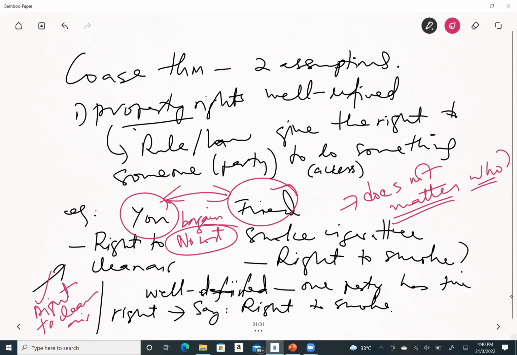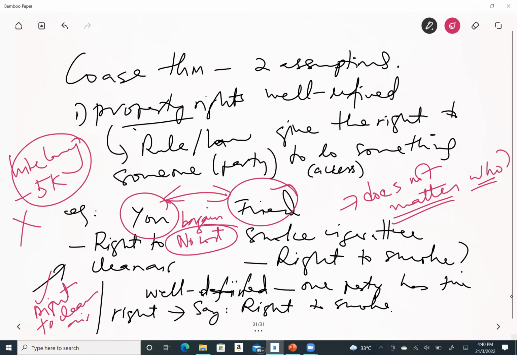No cost of bargaining. So that is the second assumption. If you need to bargain, you have to hire a lawyer, and a lawyer alone is already 5,000. That doesn't hold. So the cost of bargaining will be very, very small.